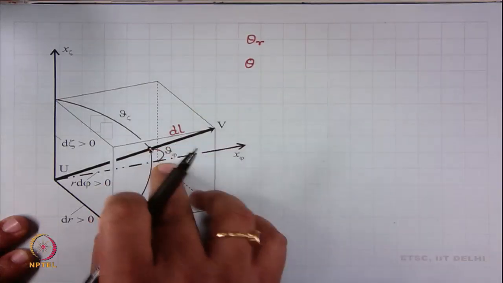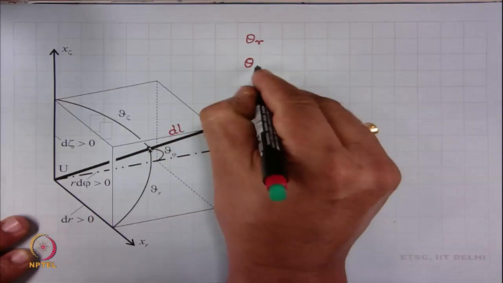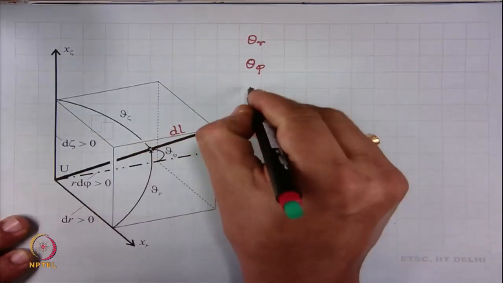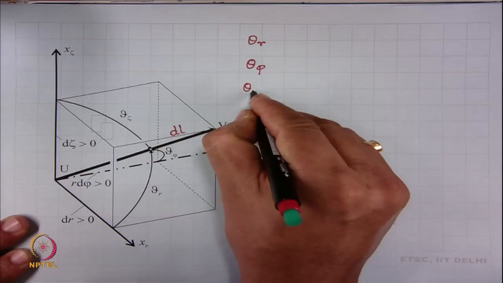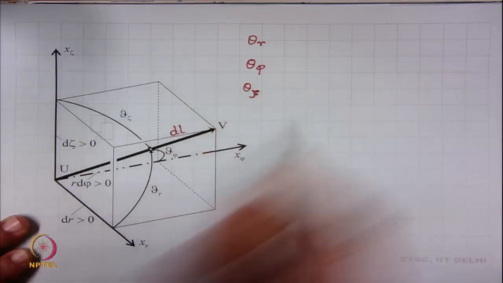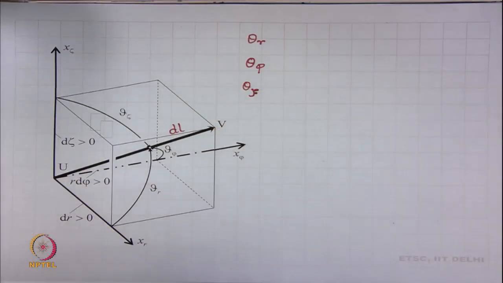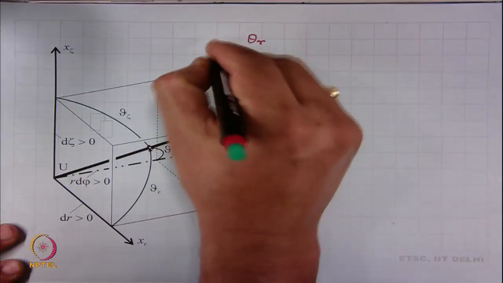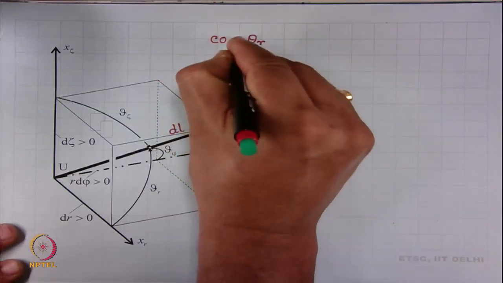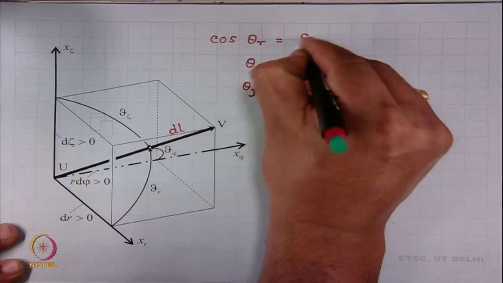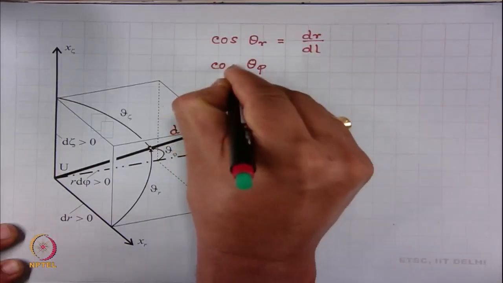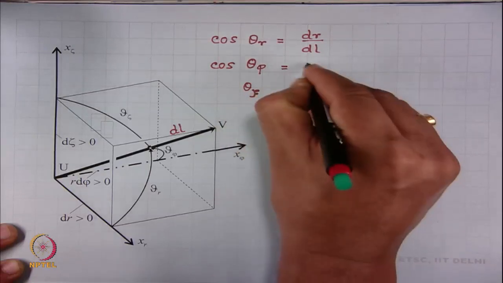Theta phi is this angle from this axis, and from this axis the angle is theta zeta. So, these three angles also characterize the position of this fiber element. Now, if we use basic trigonometric relations, then we will be able to find out these three cos functions.